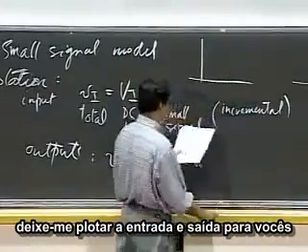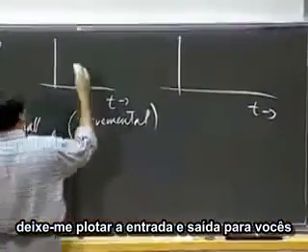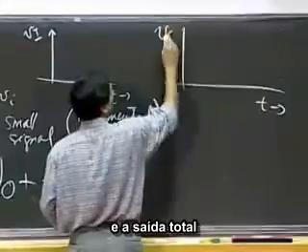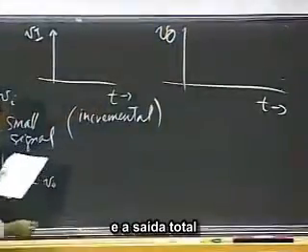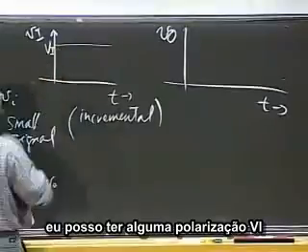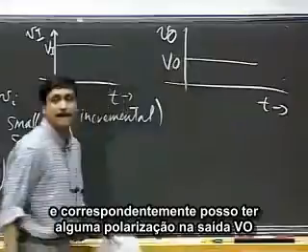In terms of a graph, let me plot the input and output for you. Let's say this is the total input, and that is the total output. So I may have some bias VI, and corresponding to that, I may have some bias VO.